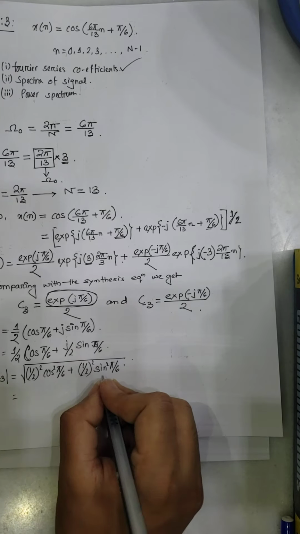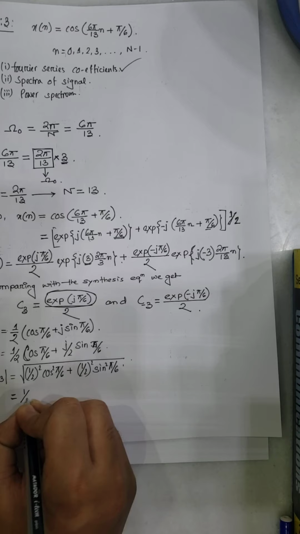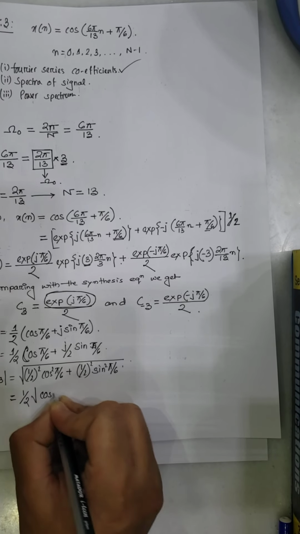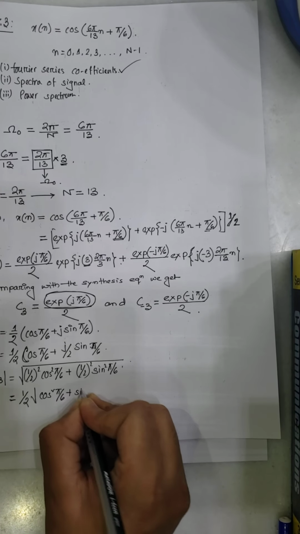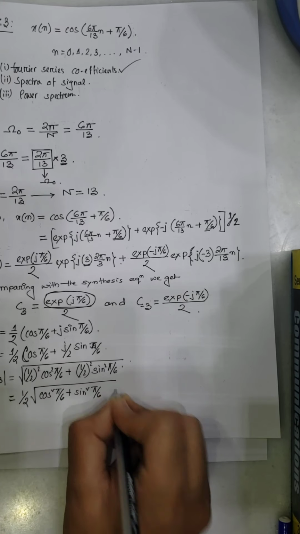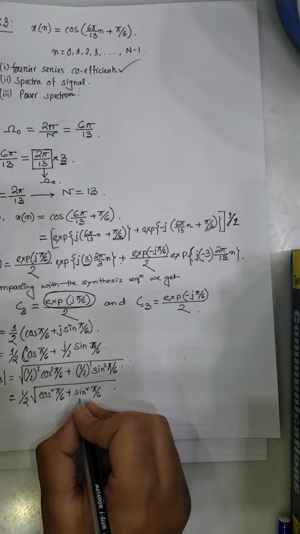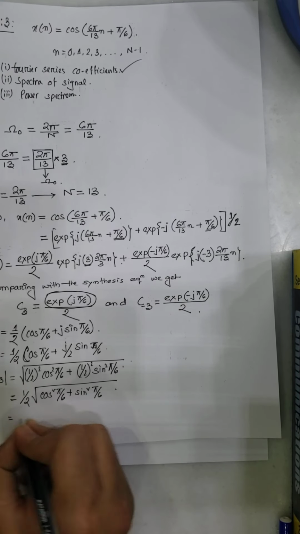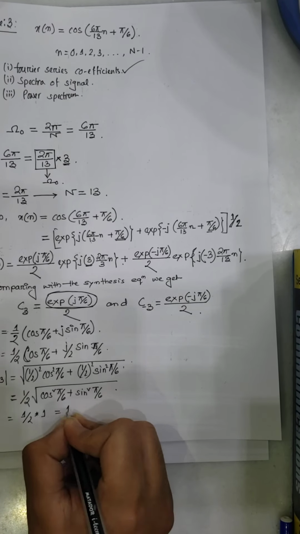Taking half as common and bringing it out of the square root, we remain with cos squared pi by 6 plus sine squared pi by 6. From basic trigonometry, cos squared alpha plus sine squared alpha is equal to 1. So half times 1 is equal to half.